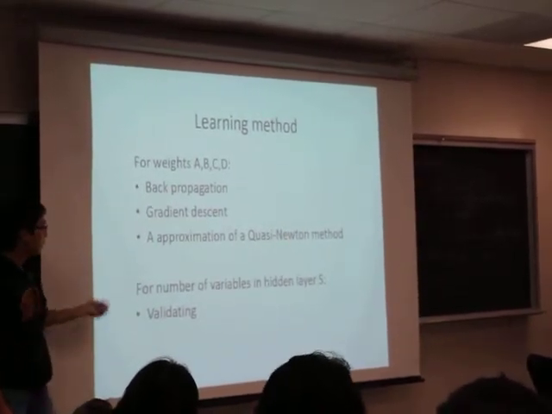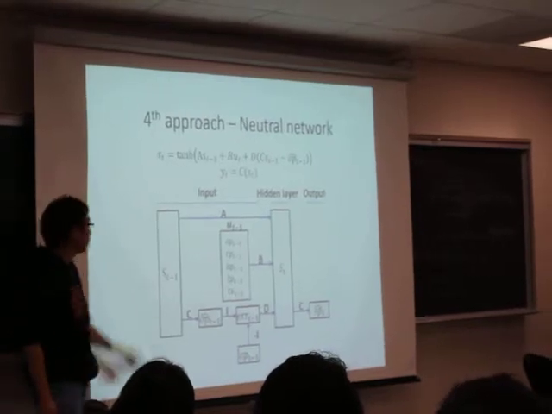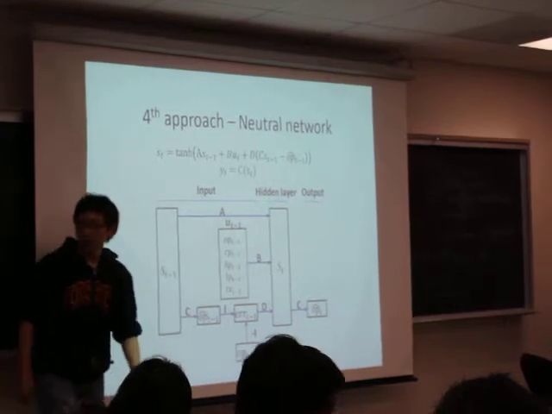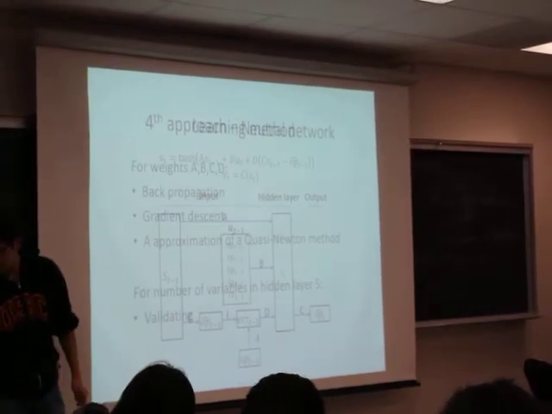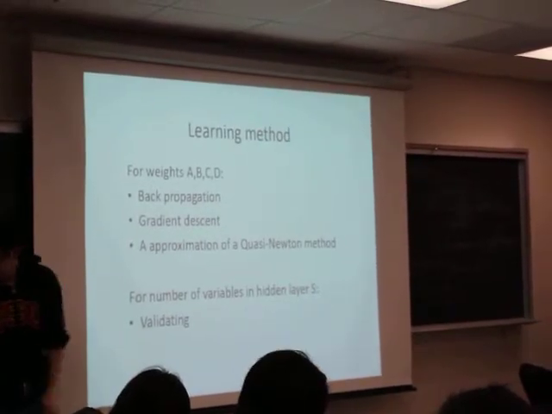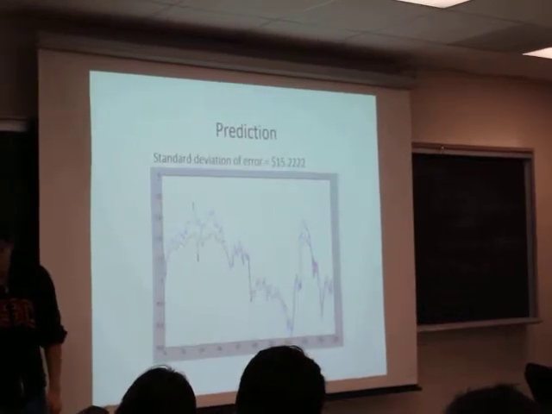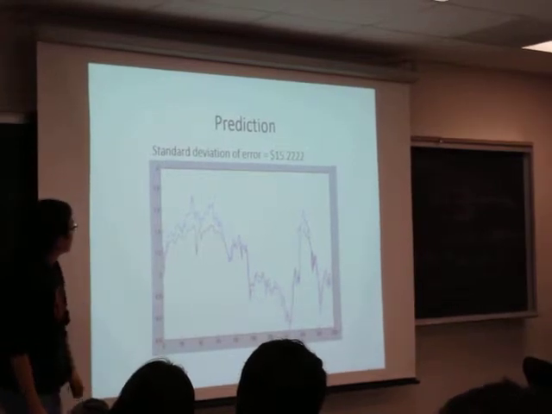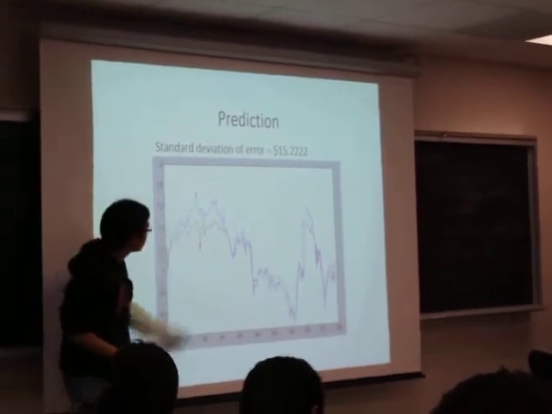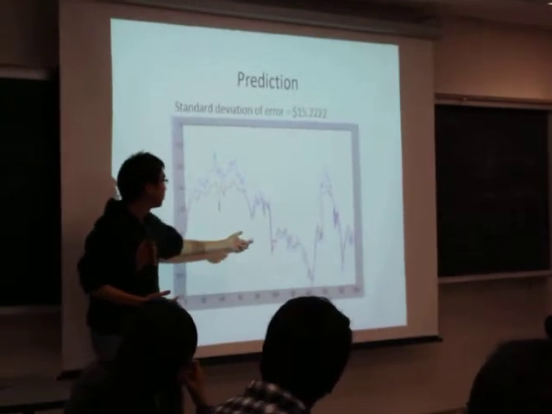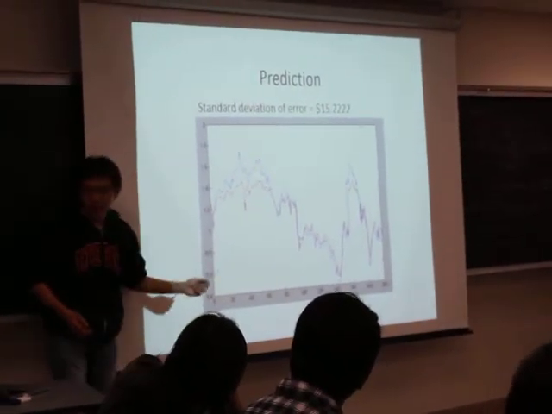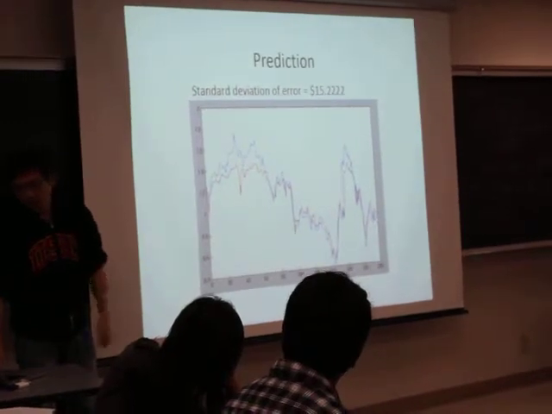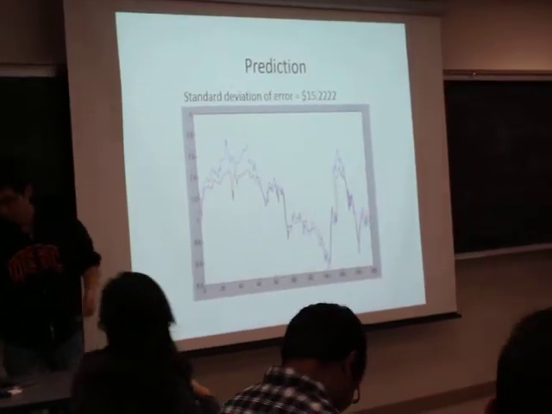For the number of variables in the hidden layer, we use validation. Here's the result. It's worse than the ARMA model, but it somehow catches the trend of the data. We believe this model has a lot of potential to be improved.